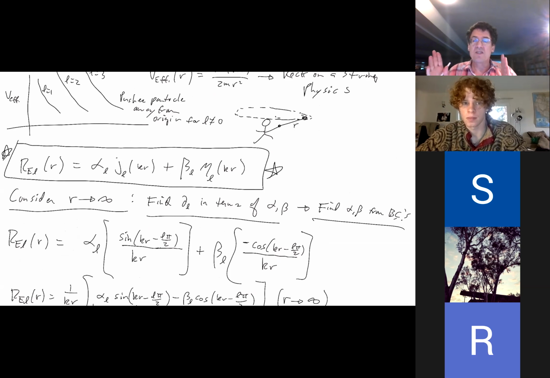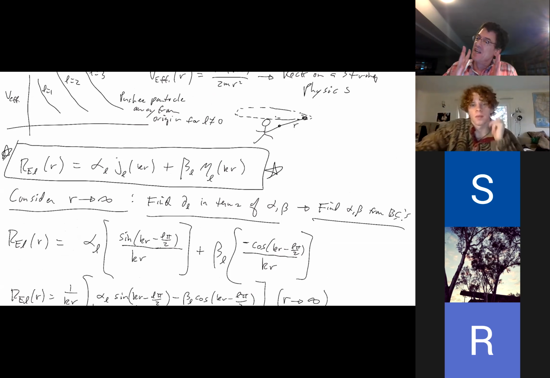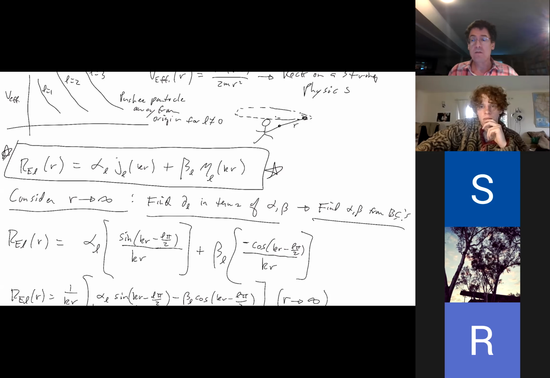Because the thing is, the boundary is the boundary at R naught. Is that in the far field regime or the near field regime? The near field. Yeah, it's kind of close. We don't know exactly where it is, but it's definitely not the far field, right? And so I can't just use all that sine cosine asymptotic expansion. I got to go back to the correct solution right here, okay?